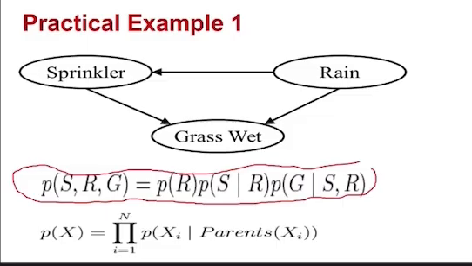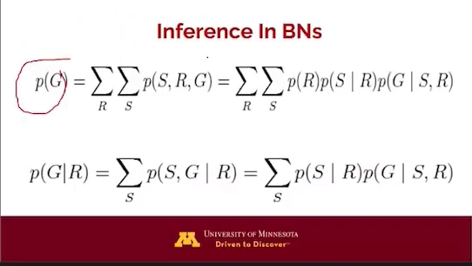If I want to do that, I'm going to sum the joint with respect to the variables I'm not interested in. I'm not interested in rain. I'm not interested in sprinkler. I'm only interested in the event that the grass is wet.